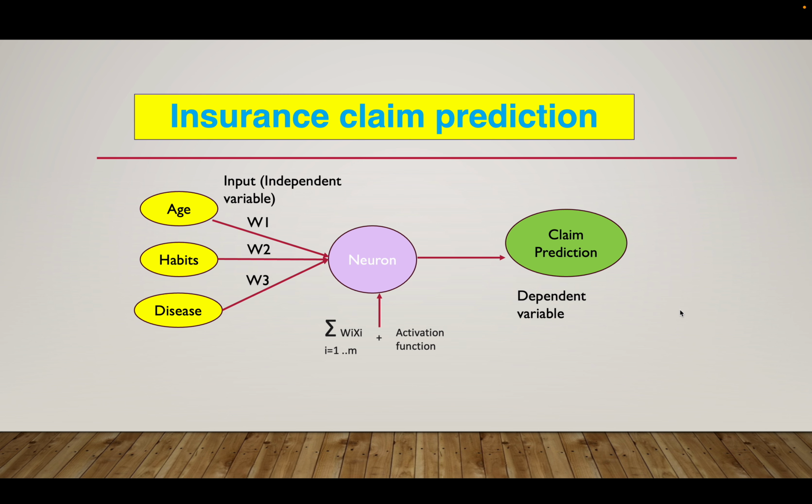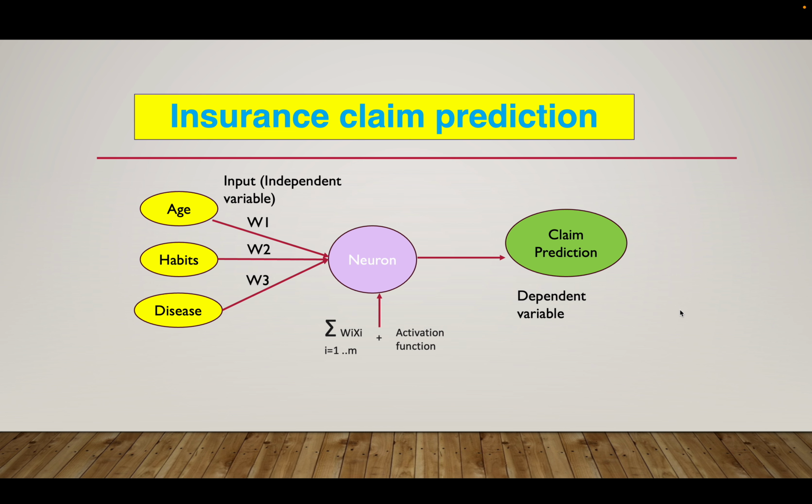Obviously, if the age of the person is higher, then chances of disease and insurance claim would be higher. Similarly, if a person follows a good lifestyle, then chances are he will not fall ill and possibly will not claim any insurance as well.